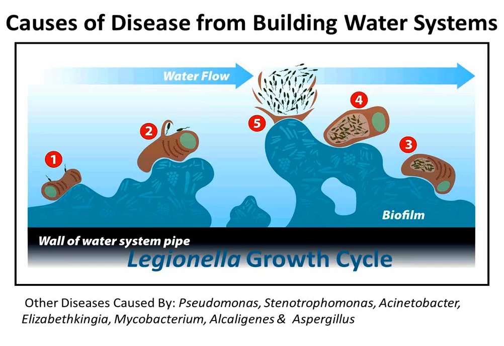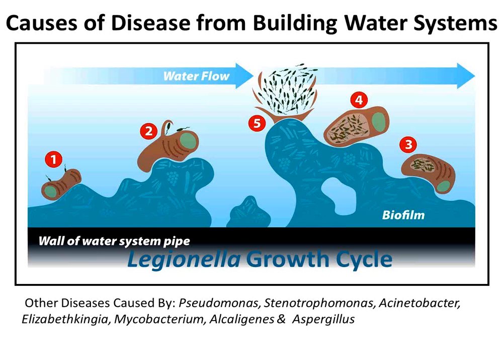But all of these other microorganisms, Pseudomonas, Stenotrophomonas, Acinetobacter, Elizabethkingia, Mycobacterium, Alcaligenes, and Aspergillus, which is a fungus, are all associated with building water systems and cause significant disease in the United States. And it's all because the water in the facility degrades in quality and leads to hazardous conditions.